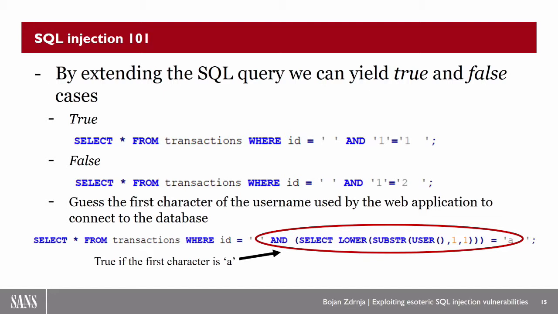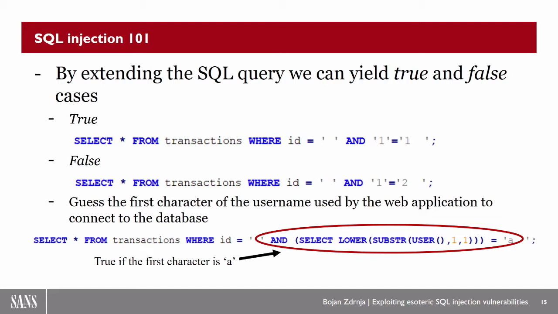So this is something and true. I get one web page back because it was true. Select star from transactions where ID equals nothing and 1 equals 2. This is false, so I get a different web page back. So by deciding what web page I got back, I know if it was true or false.